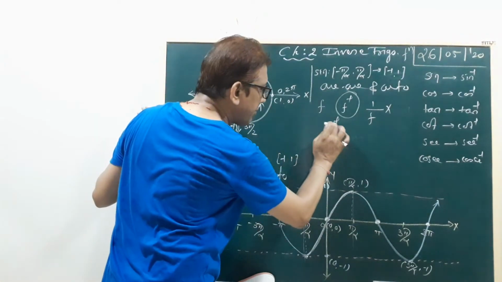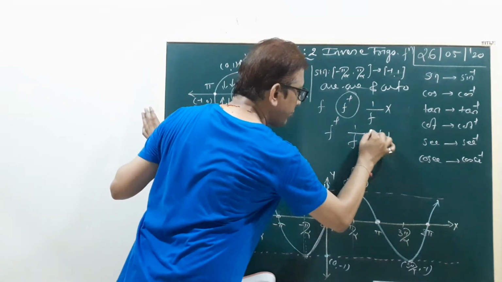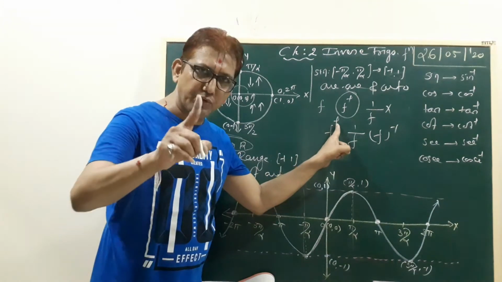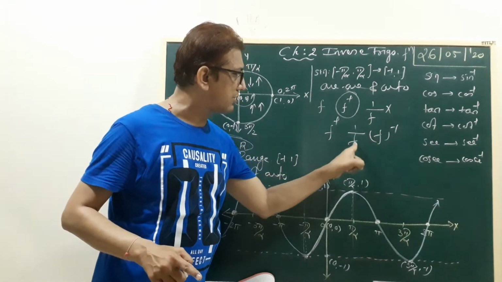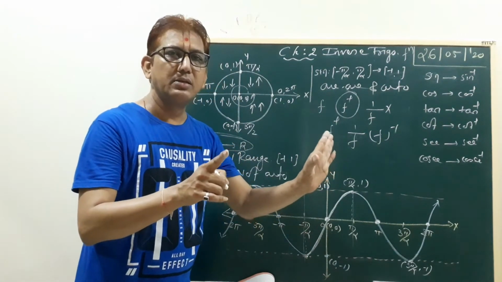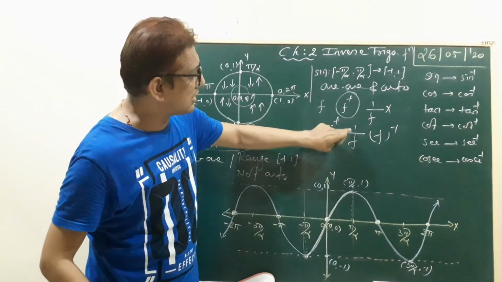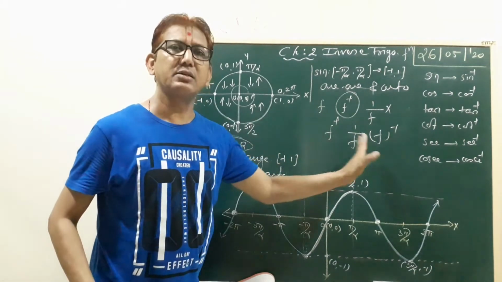If we take f to the power minus 1 in the sense of power, then we write 1 upon f. But here f minus 1 is not that; it is called f inverse. So we do not write 1 upon f, nor f to the power minus 1. Do not write it here. Clear?